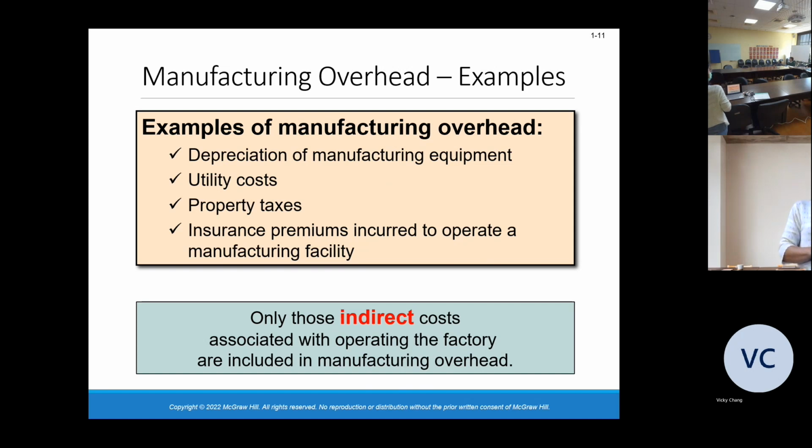Do you know depreciation? The machine, the factory, and the building are assets of the company, right? But the value of the machine or the building decreases year by year.